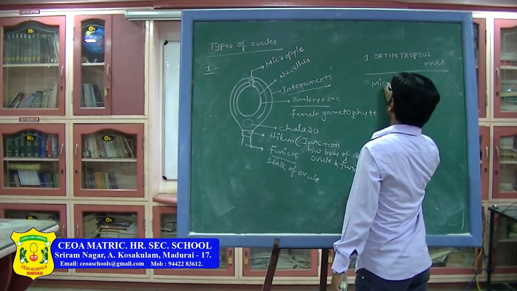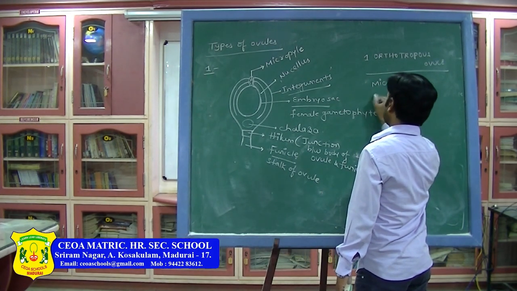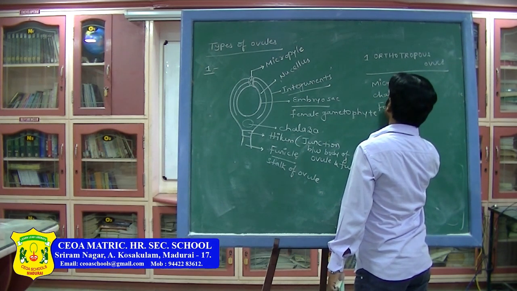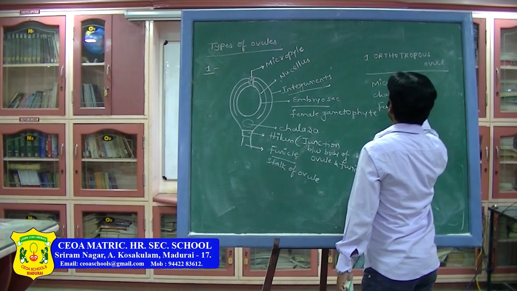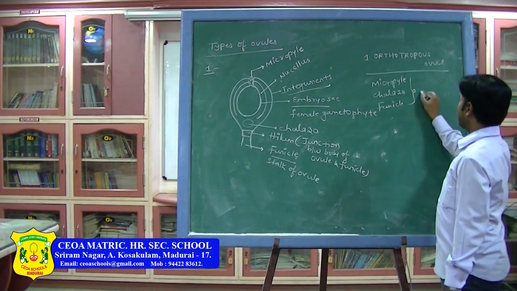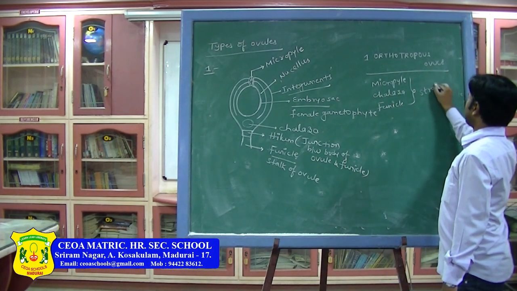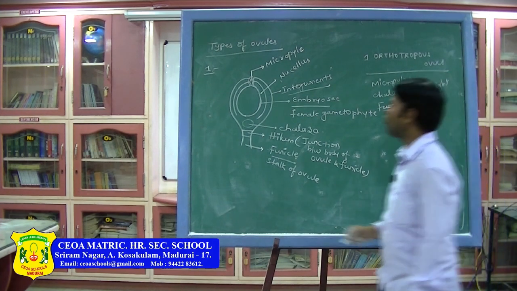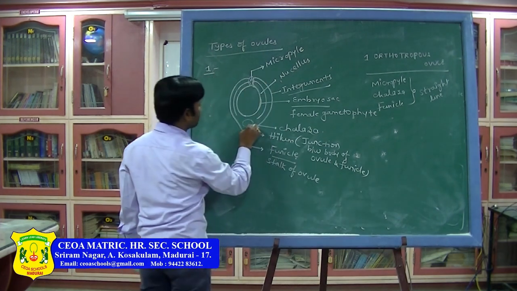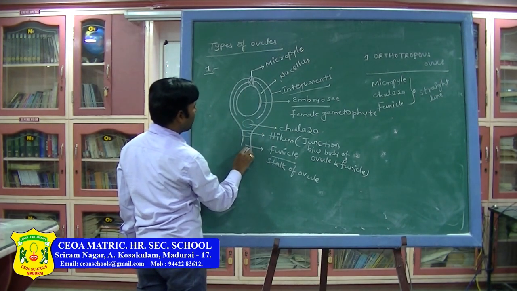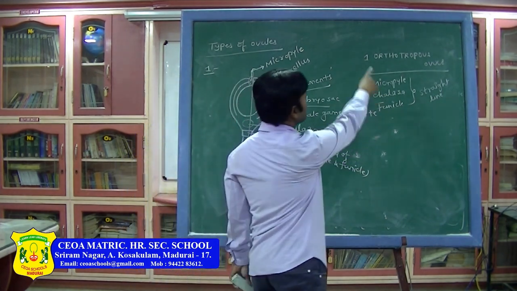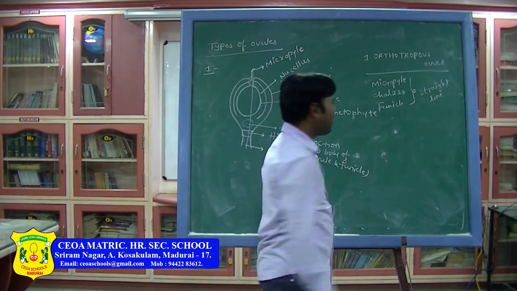Micropyle, chalaza and funicle, these three are arranged in a straight line. See now, this is the micropyle, this is the chalaza, this is the funicle. These three are arranged in a straight line. That is the reason why it is called an orthotropous ovule.